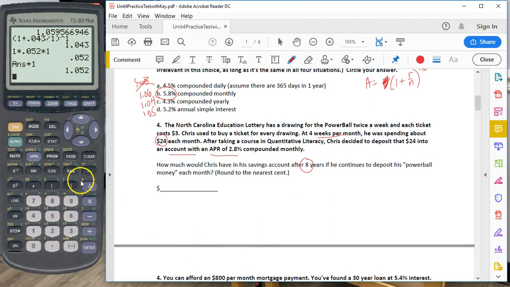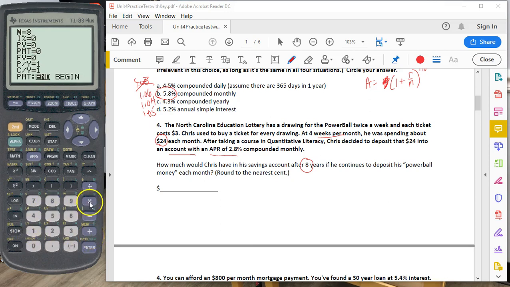So this is a TVM solver. I'm going to go into apps, enter, TVM solver. After 8 years, putting away money every month, he would have put money away 96 times. He'll earn 2.8%. We're going to say he started out with no money in the account. And then he started by making payments of $24.